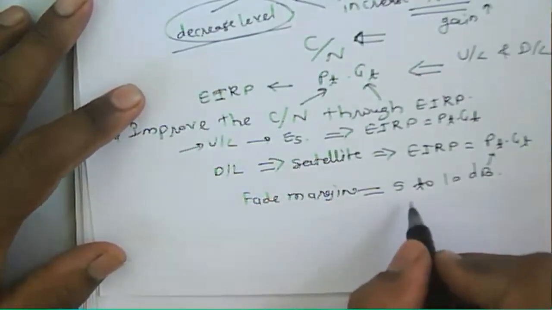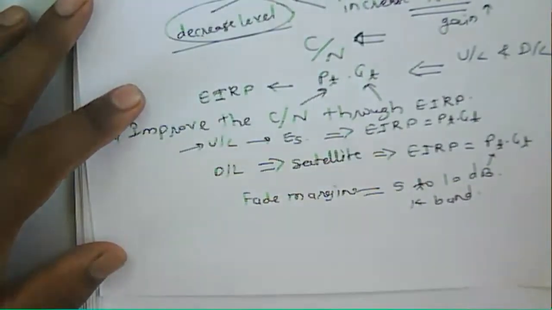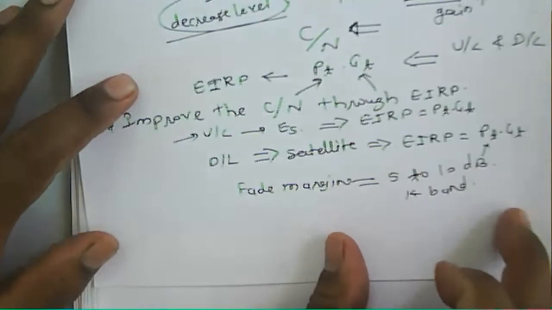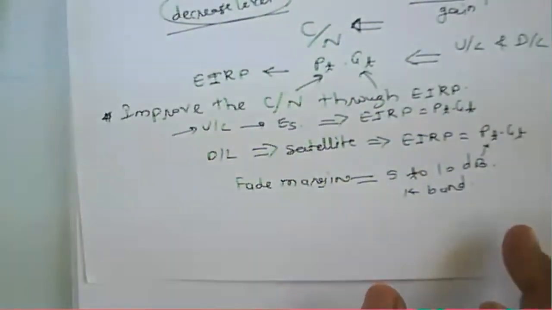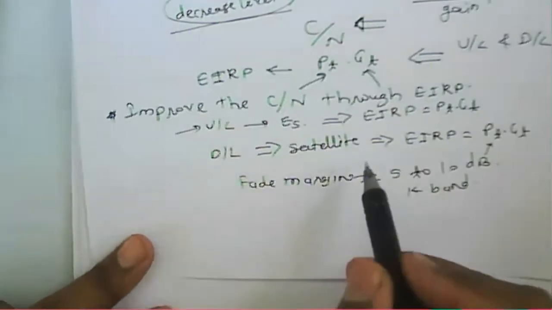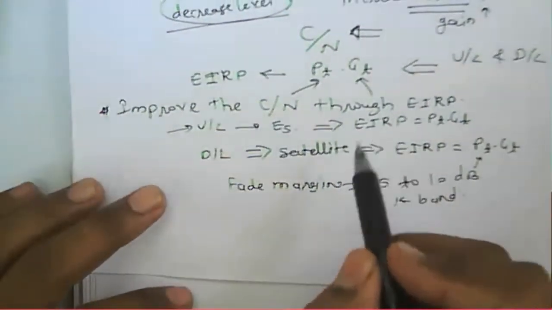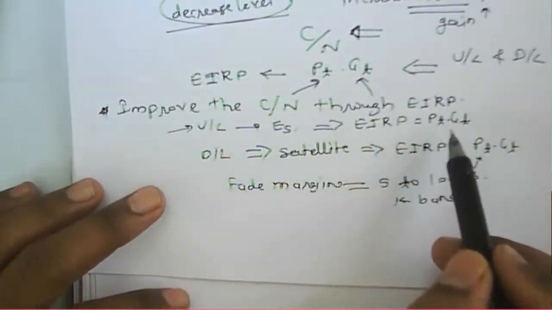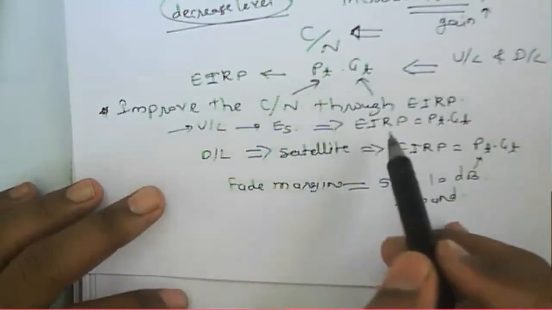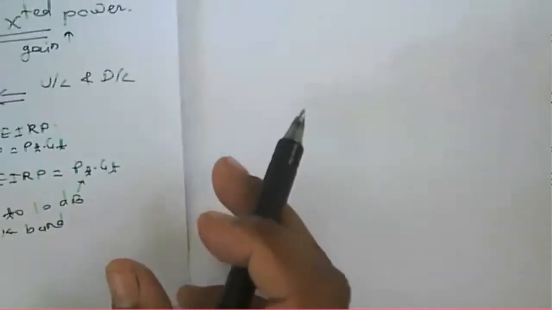That will be in the K band. Because generally we say that a fade is of short duration, that's why it can be controlled using the transmitting power or gain, or we can say that we can improve it using the EIRP.